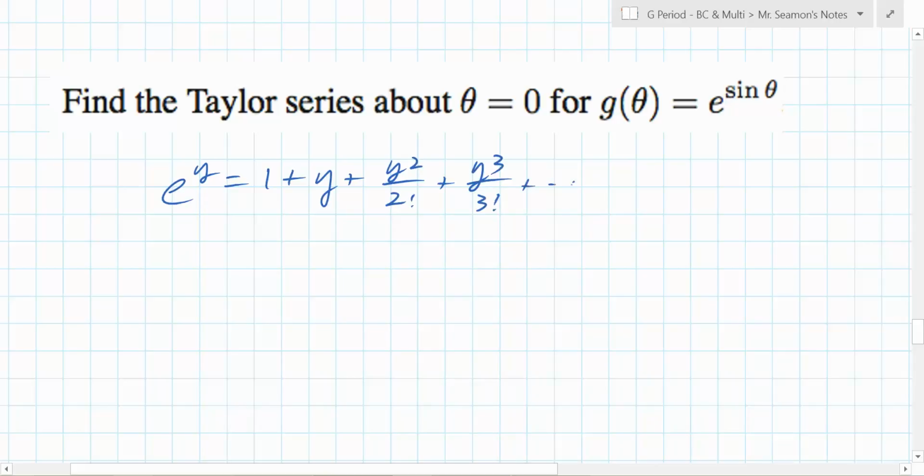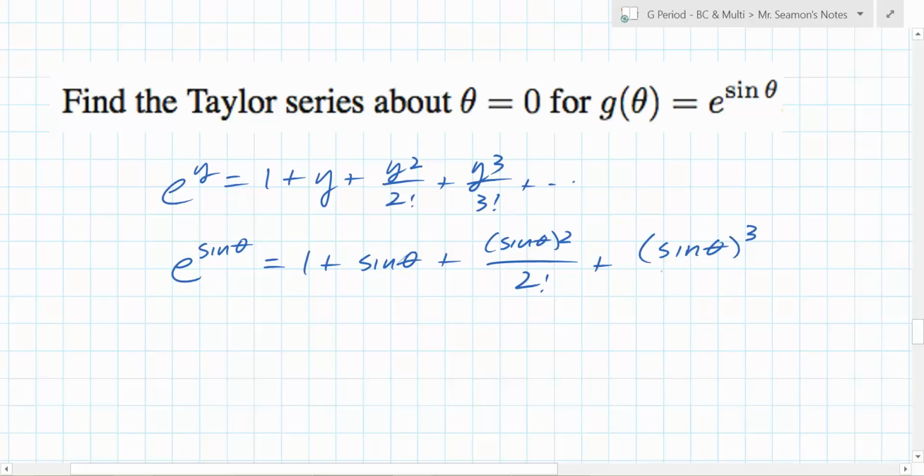Good. So theoretically, if we were okay with sine being in the answer, is this just 2 seconds? Yeah, we could write e to the sine theta is equal to 1 plus sine theta plus sine theta squared over 2. So technically, this is correct.